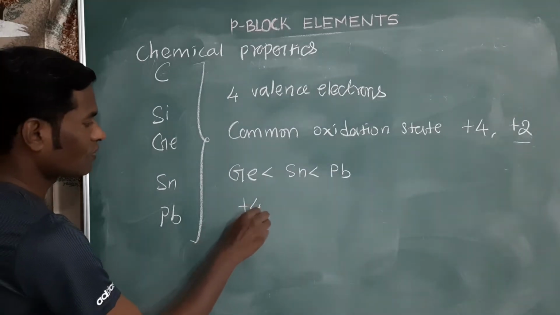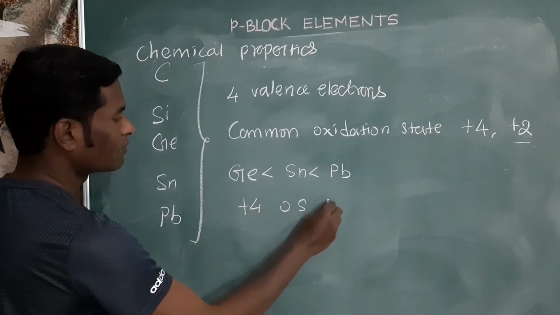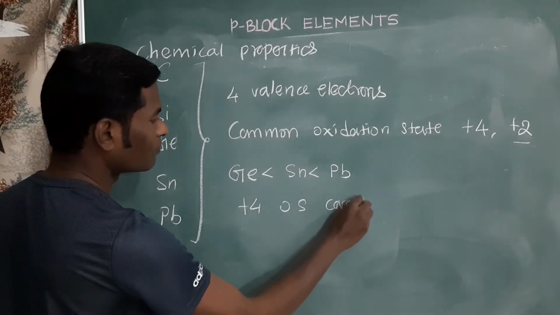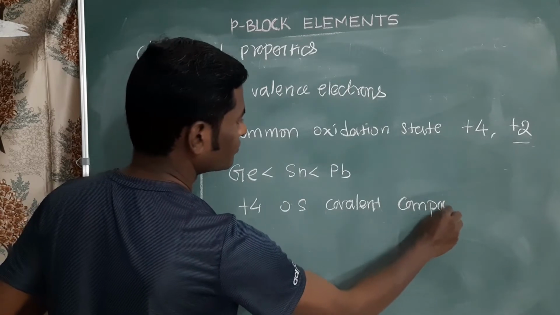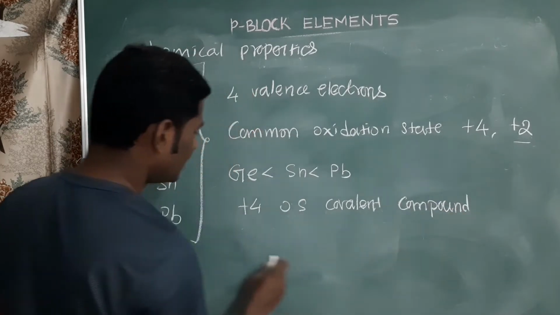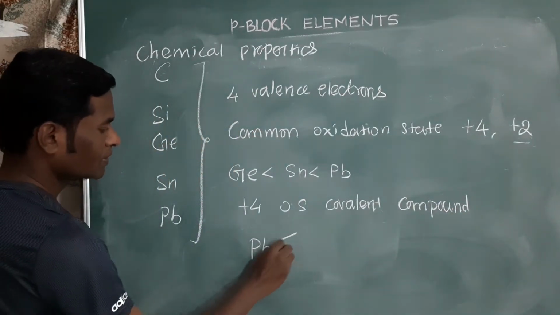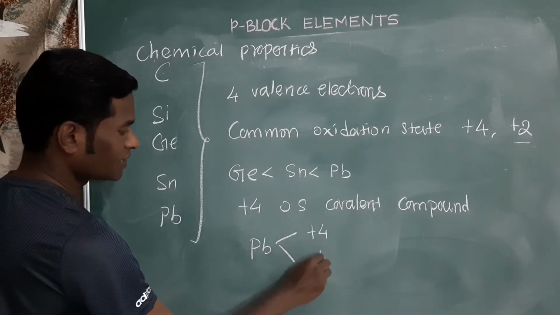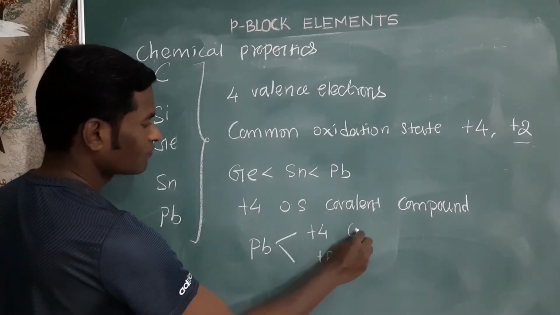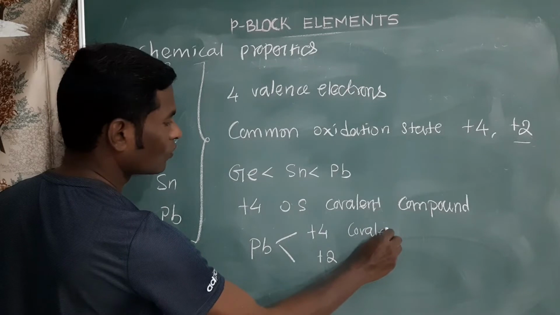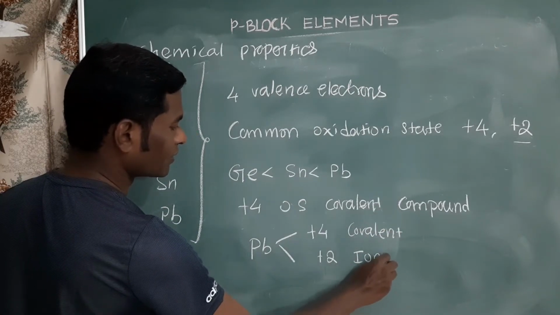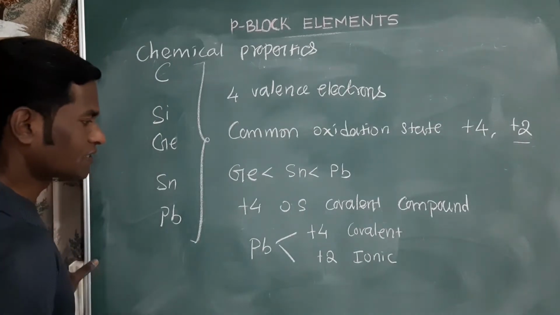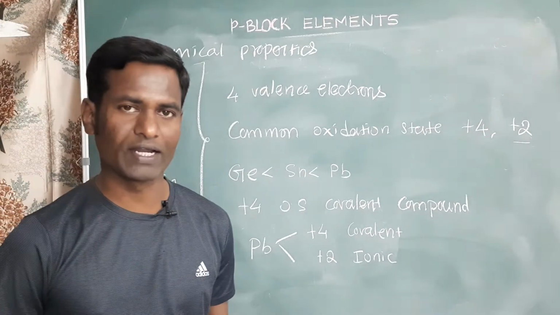In the +4 oxidation state, they will form covalent compounds. Lead will show both +4 as well as +2. The +4 will be mostly covalent, and +2 will be ionic, because oxidation state is directly proportional to covalent character.